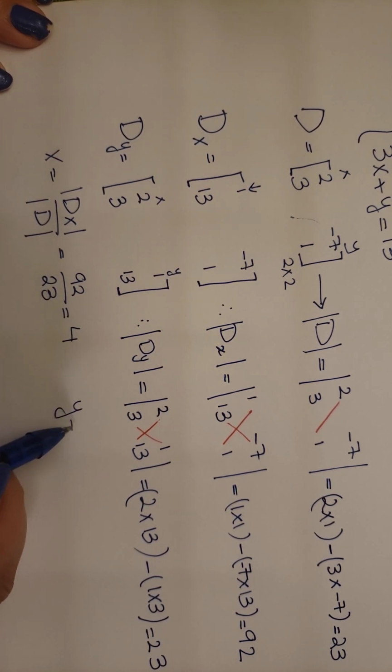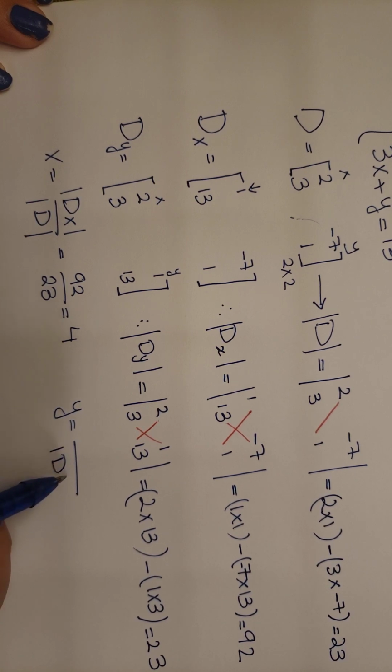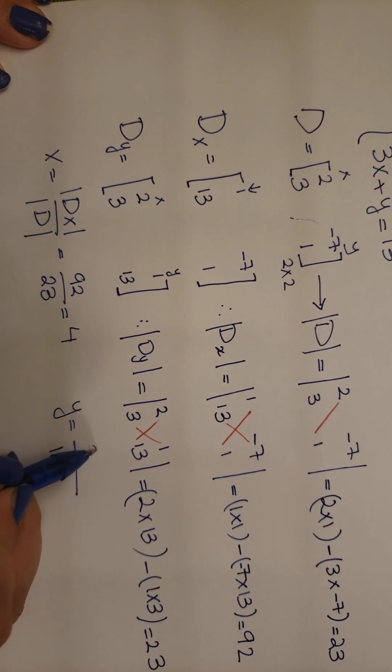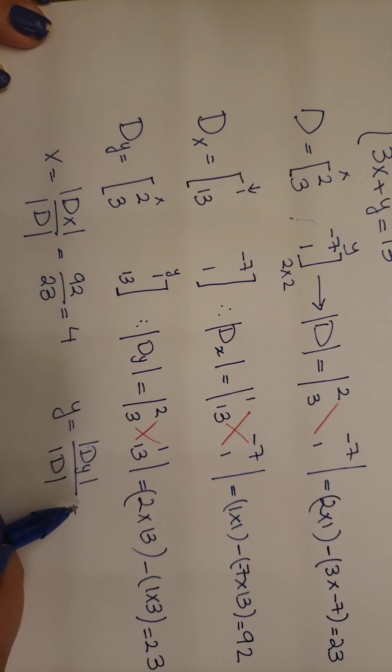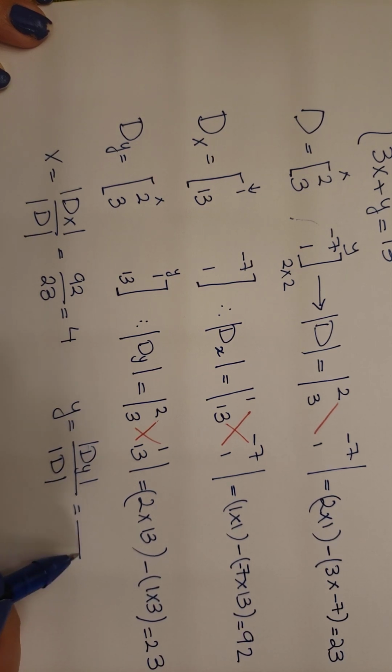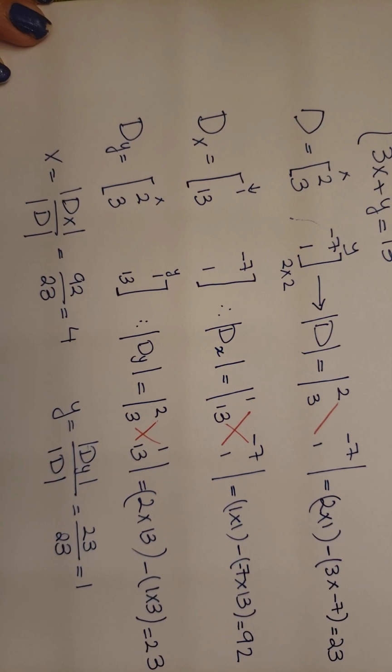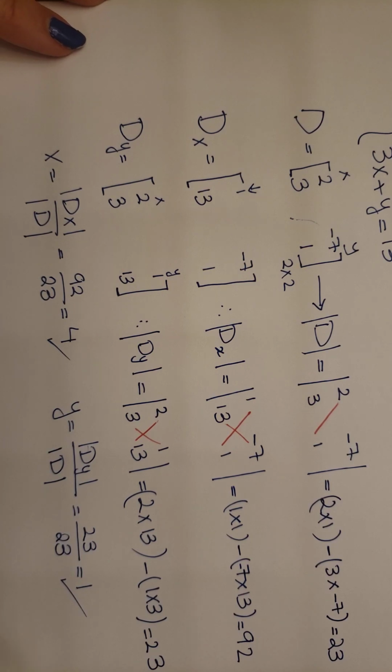And then your y, your second variable, would again have d in the denominator, but here dy, and we calculated these values before, so 23 over 23, which is 1. Perfect. So I found the value for x, I found the value for y, but remember, I always suggest you check your answer. So we're not done yet.